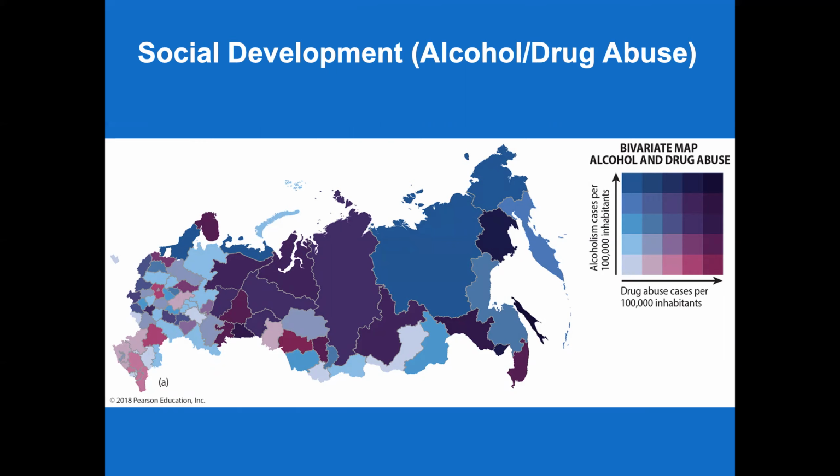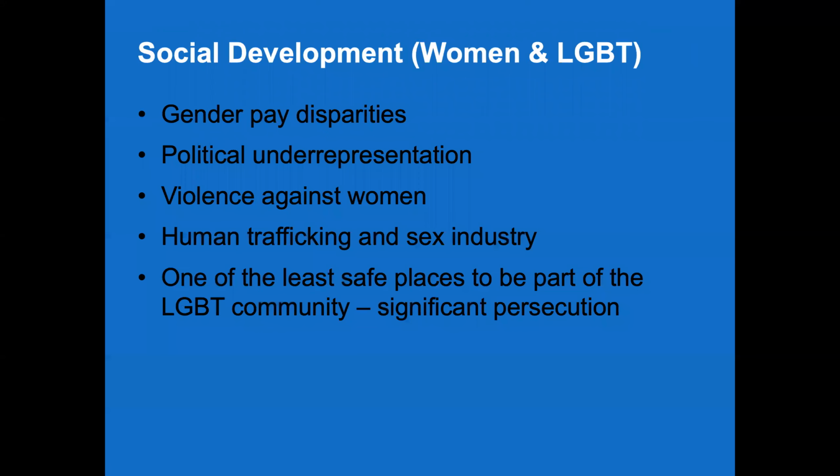So that's also contributing to their higher death rates to some degree, because of the abuse of these stimulants. In terms of women and LGBT community, gender pay disparities, political underrepresentation, the human trafficking sex industry, and this is the one region of the world, well, one of them, where it is the least safe to be part of the LGBT community, where there's still significant persecution going on.